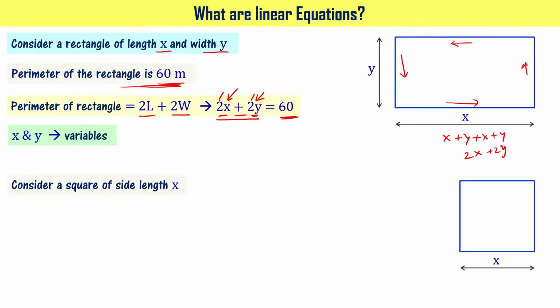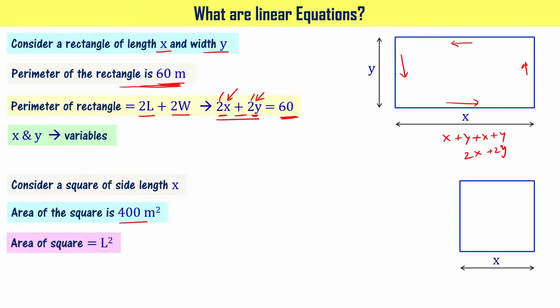Now let's consider a square of side length x as shown here. Area of the square is 400 meters square. If you're given like this, it means we know that area of square is going to be side length times side length, that is equal to L square. If I say L is the length of the side of a square, then that is L square.